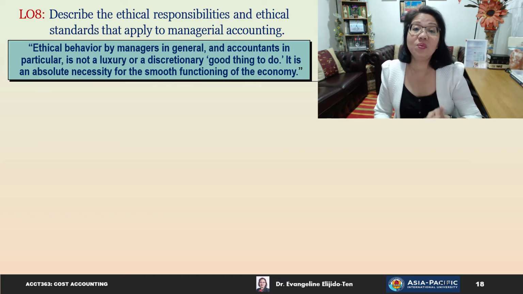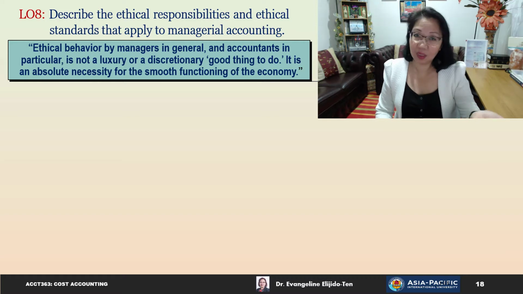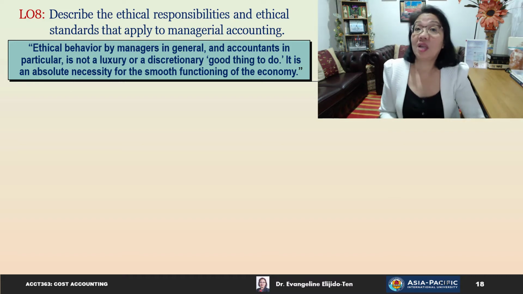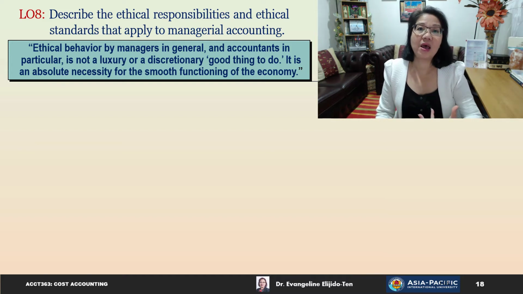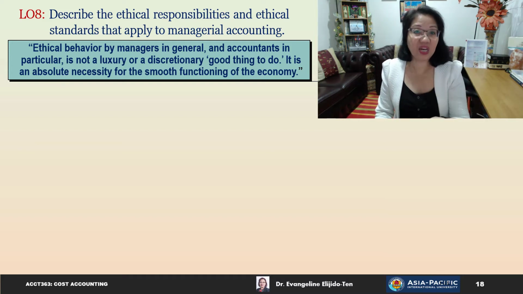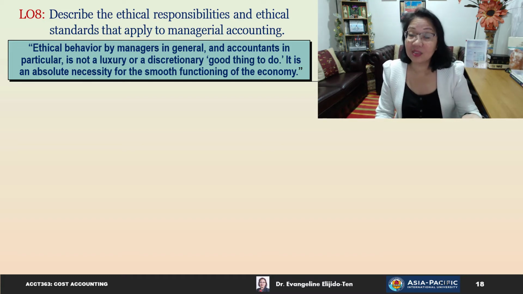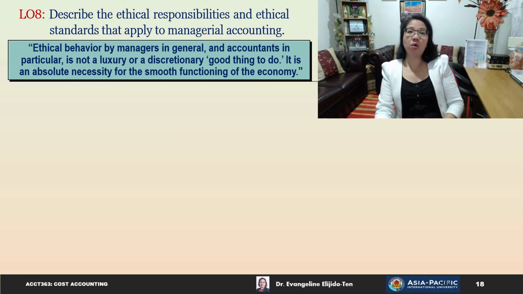It is an absolute necessity for the smooth functioning of the economy. So it is clear from this quote that being ethical is not just a nice thing to do. It is actually an absolute necessity. And therefore, we as accountants, managerial accountants, or managers need to adhere to a set of ethical codes of conduct or the standards that are required of our profession.